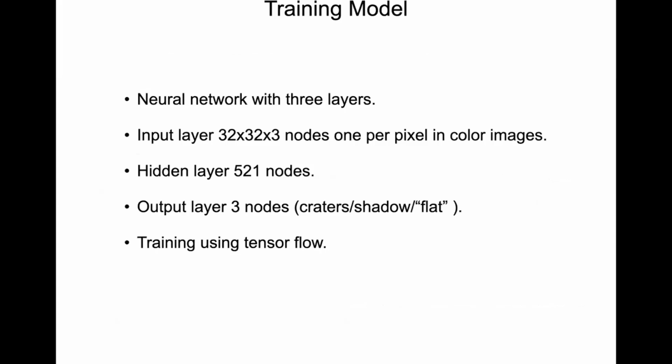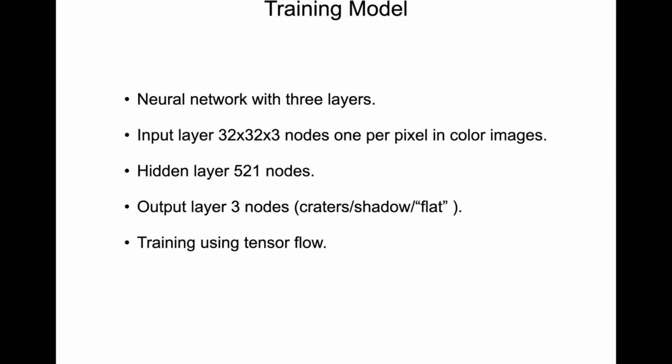The input layer has 32 by 32 by 3 nodes. 32 by 32 corresponds to the size of the training patterns, which are 32 by 32 pixels. The solution works for color images as well, so the size is 3 times bigger because in the case of color images, we can actually use the color information as well.